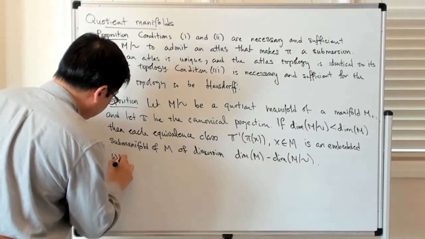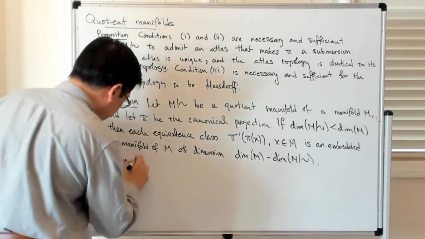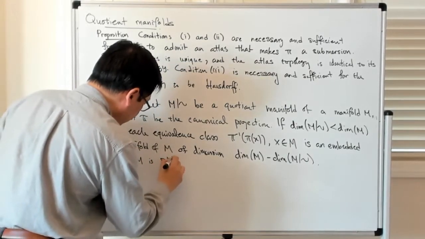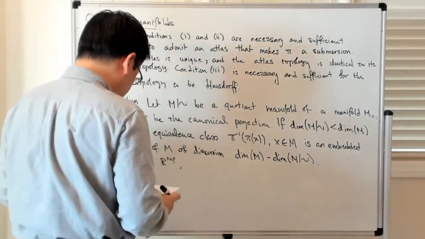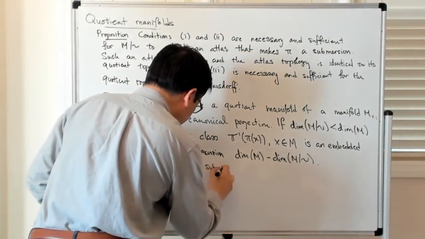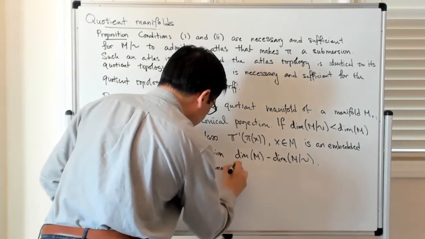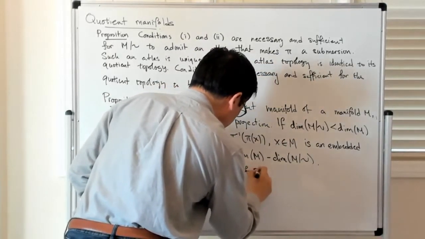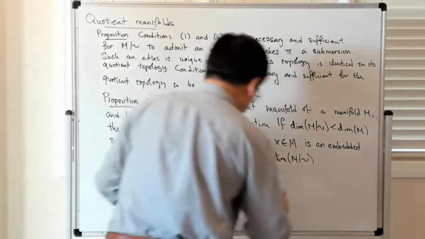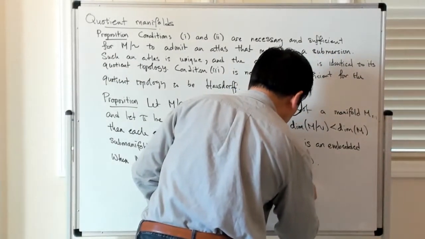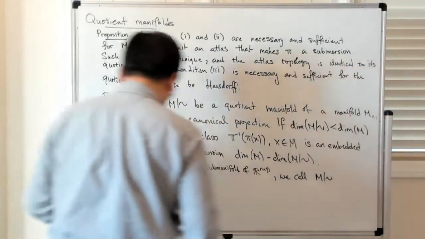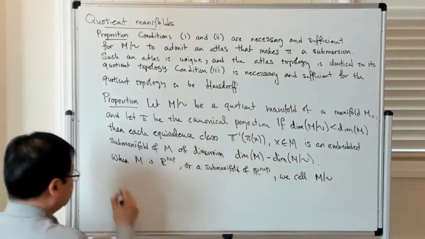So when M is say R^(n×p), or a submanifold of R^(n×p), we call M quotiented by an equivalence relationship a matrix quotient manifold.